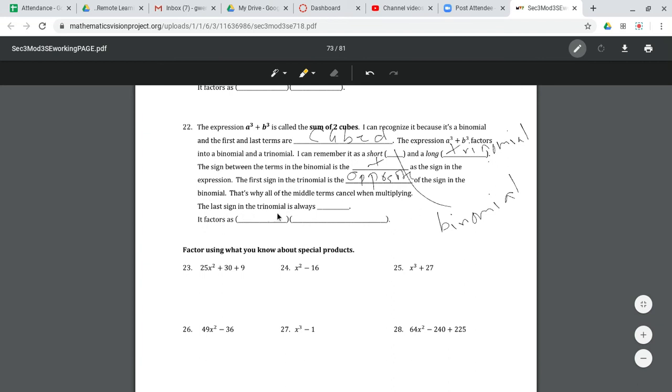The last sign in the trinomial is always addition, and it factors a plus b times a squared minus ab plus b squared. So this will help you with what you have on the first page with dealing with sum of two cubes, perfect square trinomial, and difference of two squares.